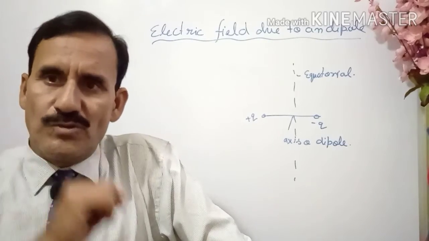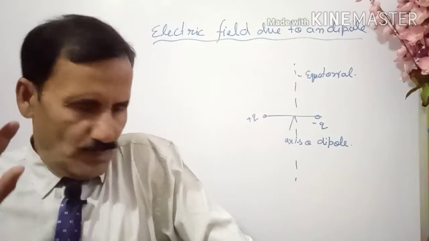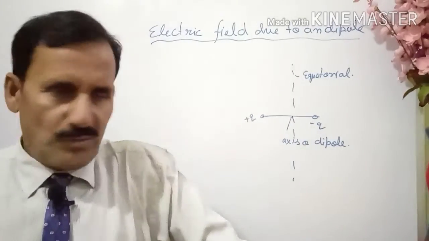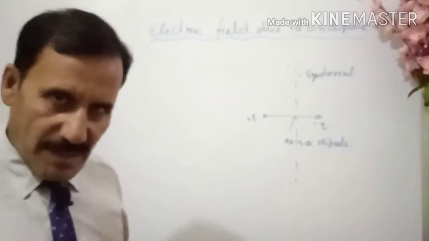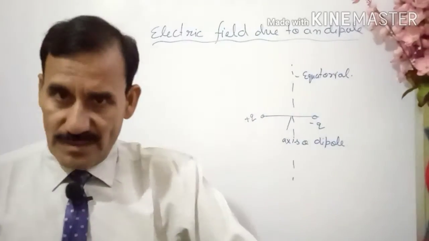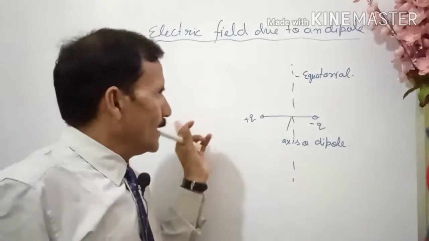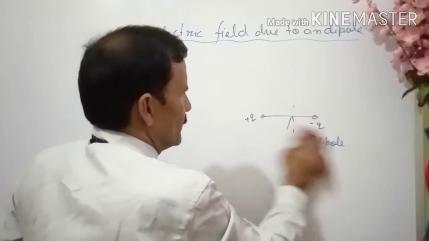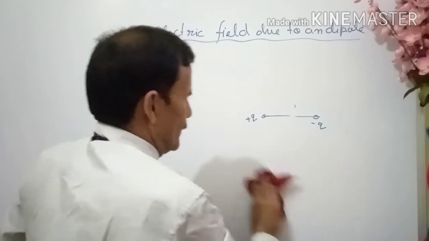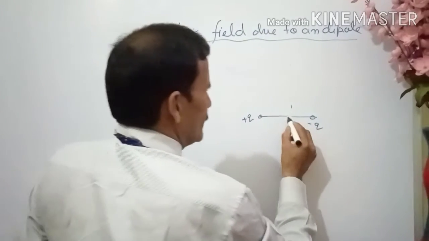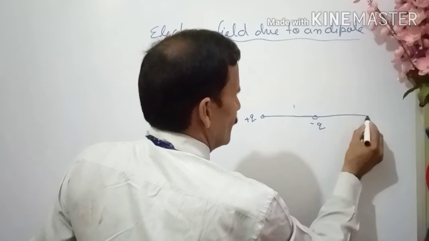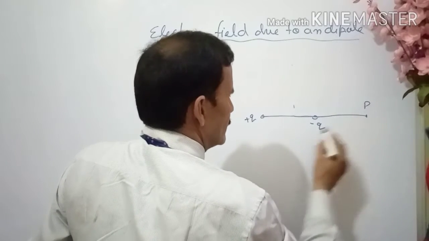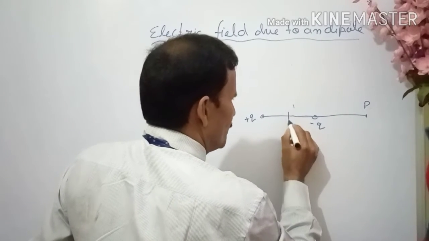So whenever we are going to talk about the electric field due to an electric dipole, we take two positions of the point. One is the equatorial position, meaning the point is lying on this line which is perpendicular to the axis of dipole, and the other is a point lying on the axis. Suppose we are taking the axial point first. Suppose there is a point somewhere which is at r distance from the middle point.